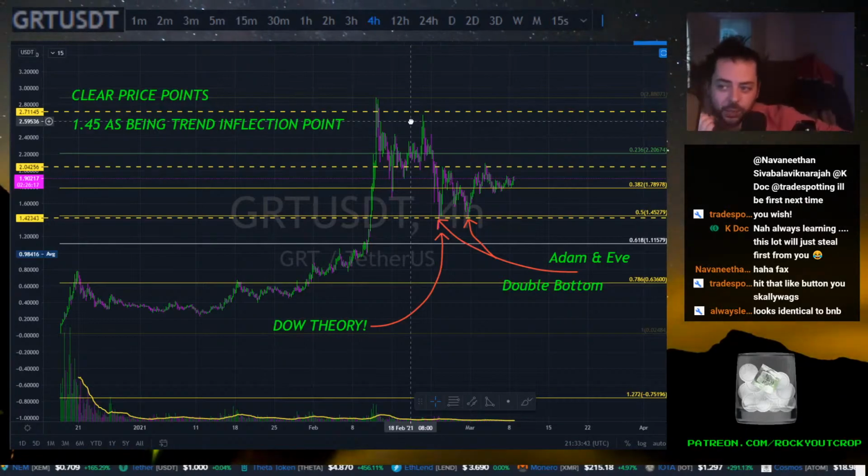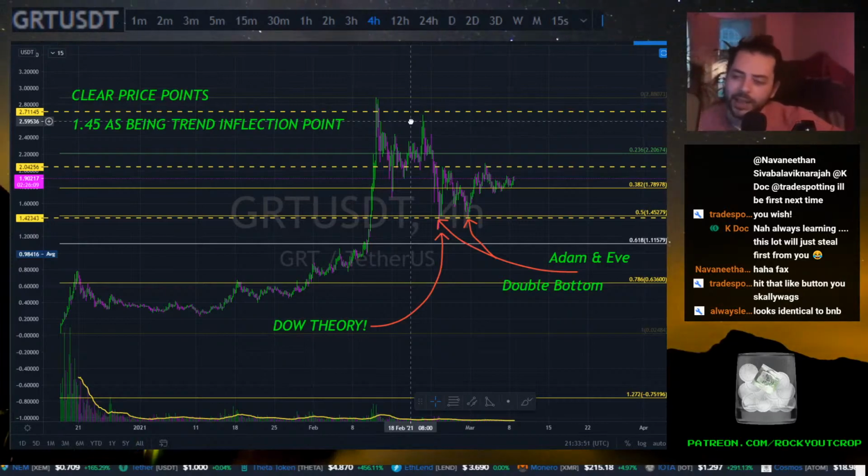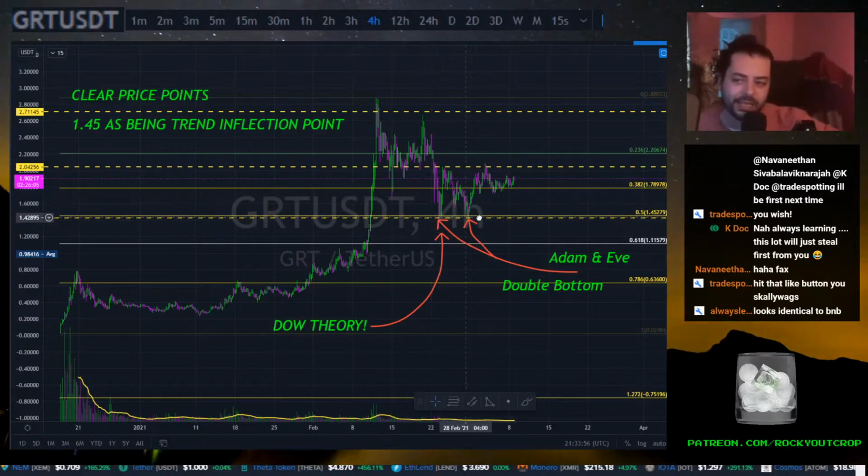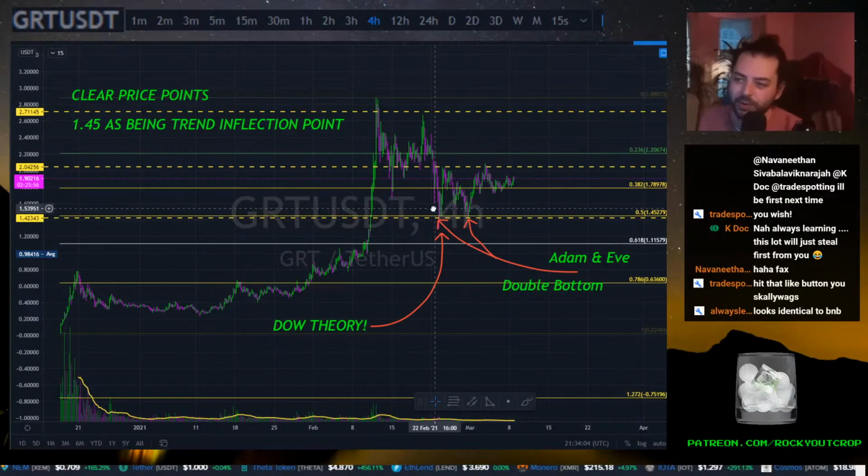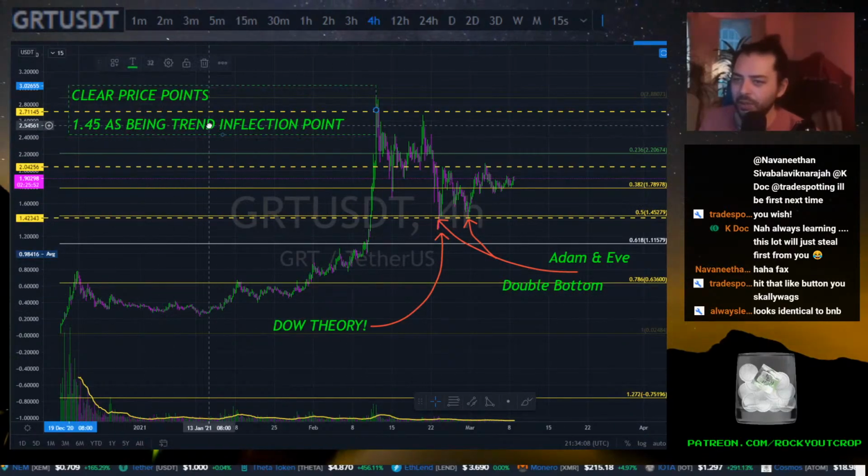And part of the discussion was, well, it really depends on so many things, because you're looking towards the 50 or perhaps the golden pocket area before you would start to say things are quite bad, and at this stage here, seeing a double bottom here at the 50% underscores, as we already did at the very outset of the show, of the GRT section of the show, that horizontal support and resistance line. So there you go. That's obviously the trend, and that's what I'm going to call the trend inflection point.